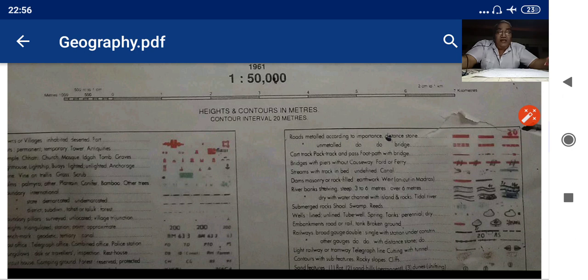Every part is of 100 meters. 10 parts into 100 equals 1000 meters, which is equal to 1 kilometer. By this scale you can measure the distance between 2 points in kilometer or in meter. In board exams, questions are asked to measure the distance between two objects or two settlements.